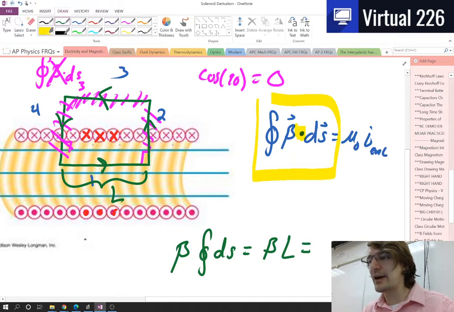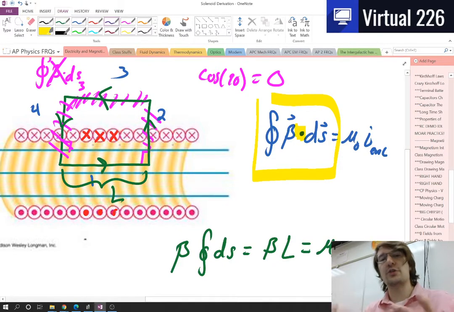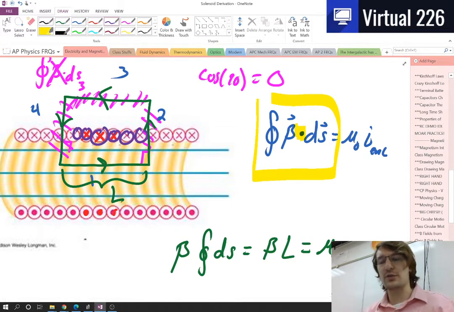Now in terms of the mu naught I enclosed, we're going to keep mu naught, but I enclosed is a little weird. The current enclosed isn't just I. It's not just the current running through the wire. We have that current running through the wire over and over and over again. We have that current running through this loop here as many times as there are loops in the solenoid.